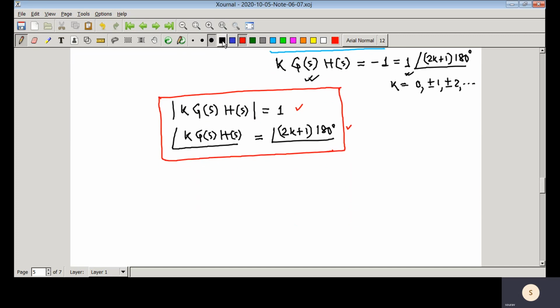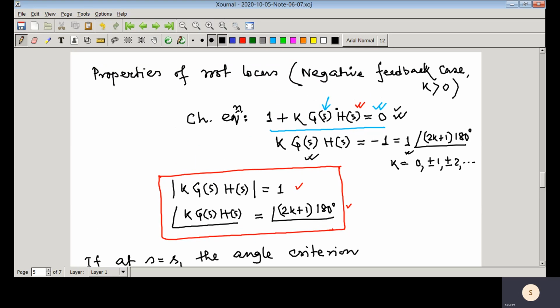So here we can write that at S equal to S1, the angle criteria. What we are trying to say is that in the characteristic equation, if a value of S satisfies these two conditions, then this is the root of this equation.